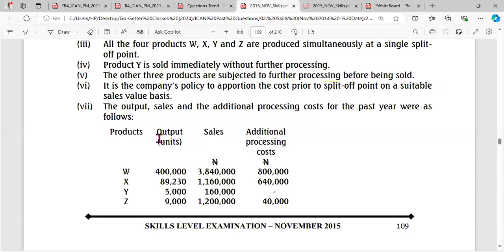And this is products W, X, Y, and Z. Look at the output for the year: 400 for W, 82,230 for X, 5,000 for Y, 9,000 for Z. That's the output in units. Look at their sales and look at their additional processing cost.